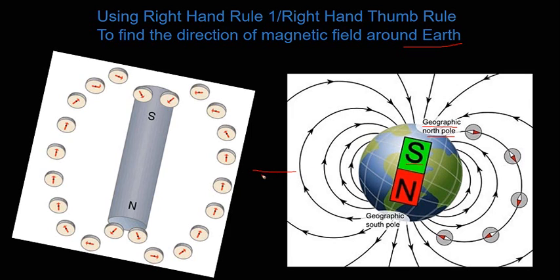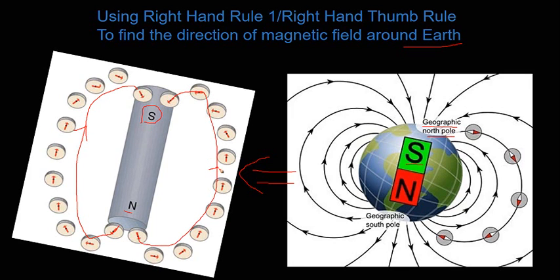I'm showing you the field generated by the bar magnet, and we see that if you have a north pole on top here and the south pole at the bottom for the bar magnet, the field lines start off from north, they go all the way from north to south. This is how the field lines look for a bar magnet.